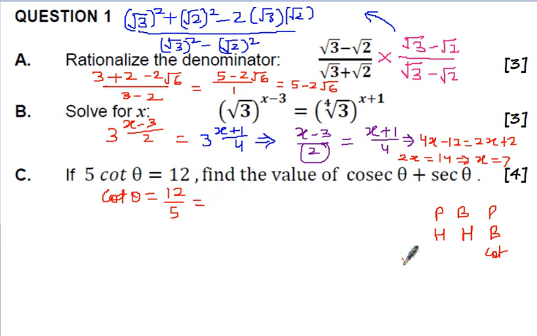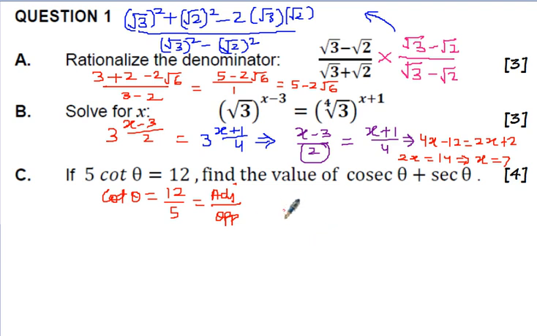Or if you are following OAO, then it comes adjacent upon opposite. Now you can apply Pythagoras and you can get the hypotenuse, because the hypotenuse will be required for cosec and sec.